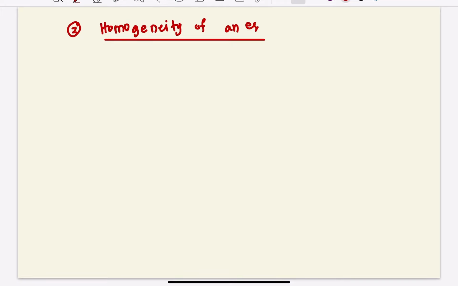Tetapi kalau dia homogeneous, dia tak semestinya betul. Tak apa, kita tengok homogeneous je. Let's say you have V equal to U plus AT. You nak tengok equation ni homogeneous ke tak. So syarat pertama untuk tahu dia homogeneous ke tak, dimension for left hand side dengan dimension for right hand side must be the same.